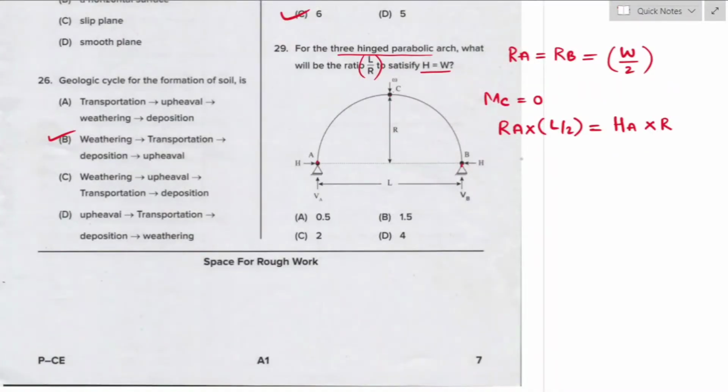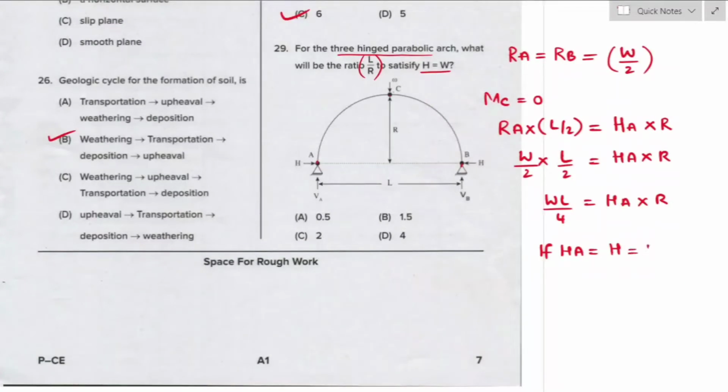So RA is equal to W by 2 multiplied by L by 2 is equal to HA into R. So WL by 4 is equal to HA into R. If HA is equal to H, which is equal to W, therefore WL by 4 will be W into R. So W will be cancelled. So L by 4 is equal to R.